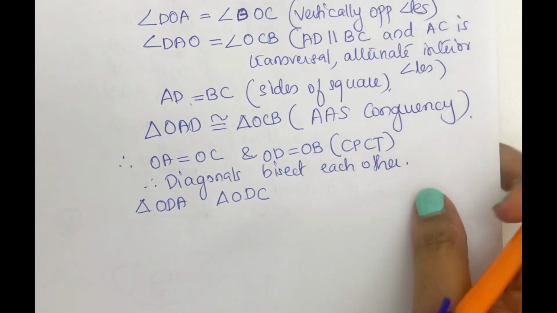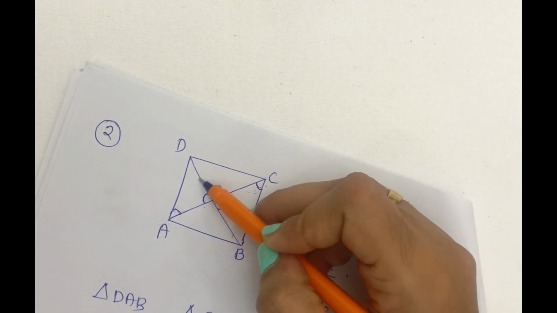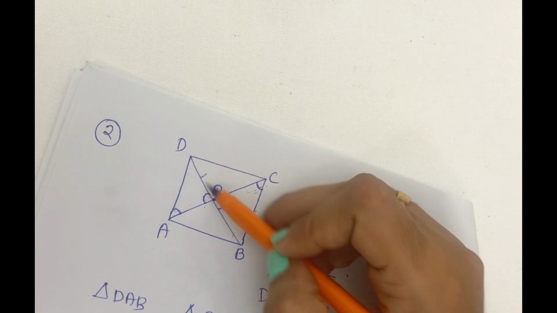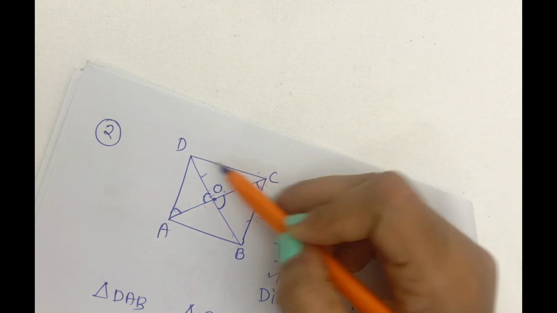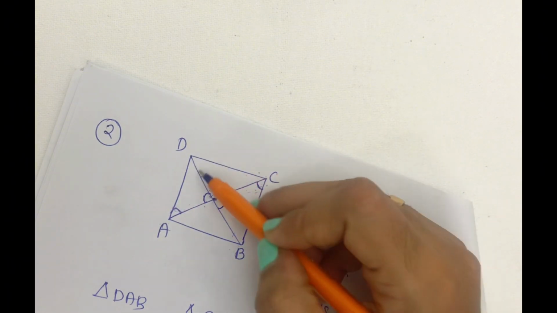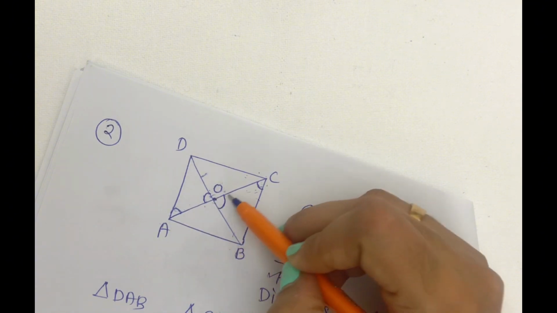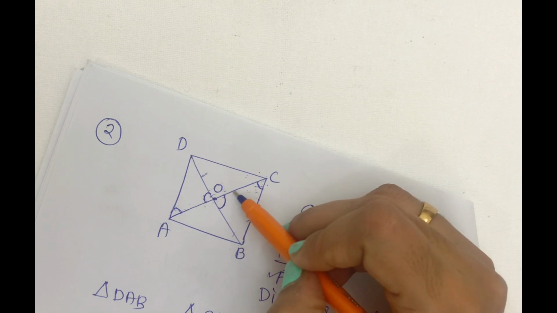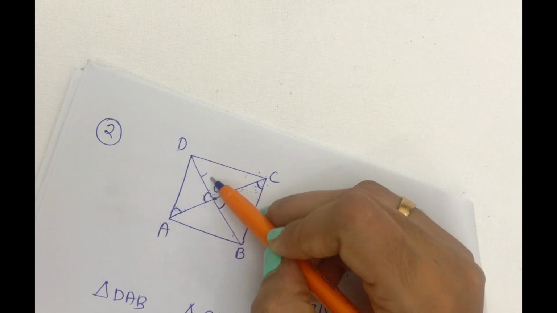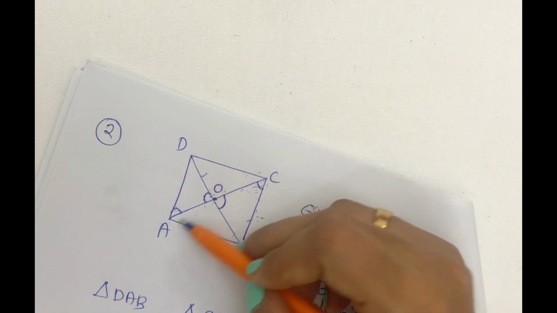OD is a common side, and these two sides are equal because it's a square. And also we have proved OA equal to OC, that is, the diagonals bisect each other. So therefore by SSS congruency these two triangles are congruent.